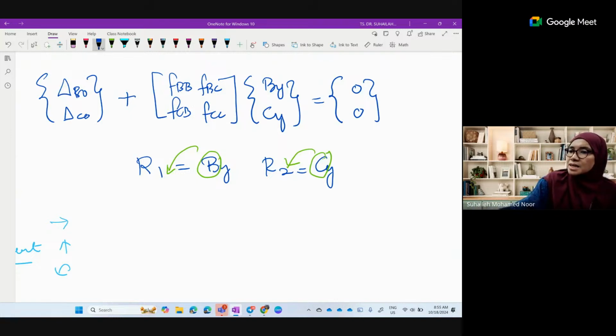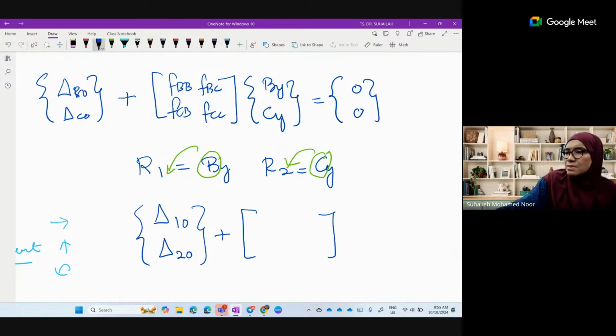Tulis balik. So it is delta B naught means delta 1 naught, delta 2 naught. Okay. So F akan jadi F11. So nampak matrik sikit lah. Kan matrik biasa kan, matematik kita pakai numbering, right?